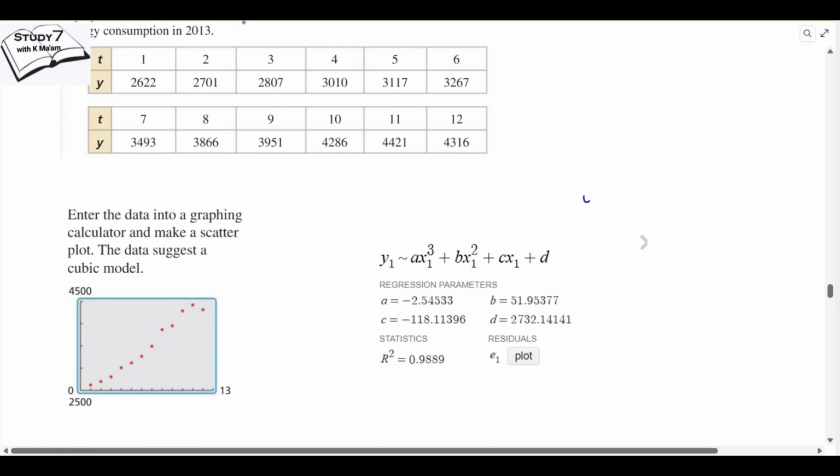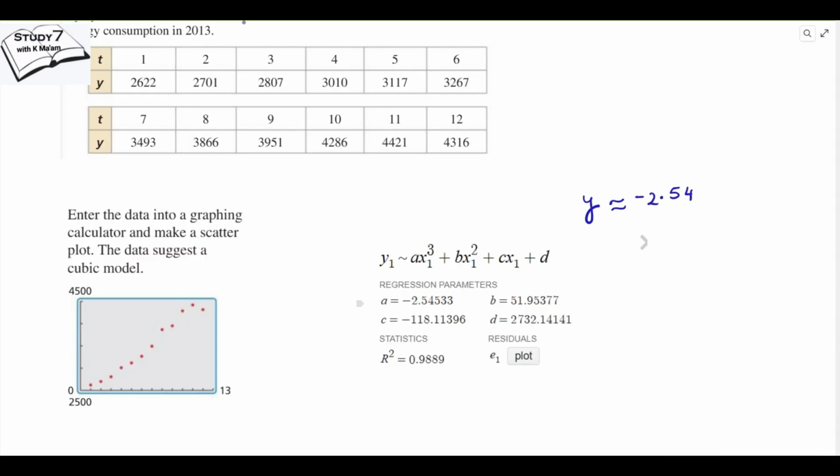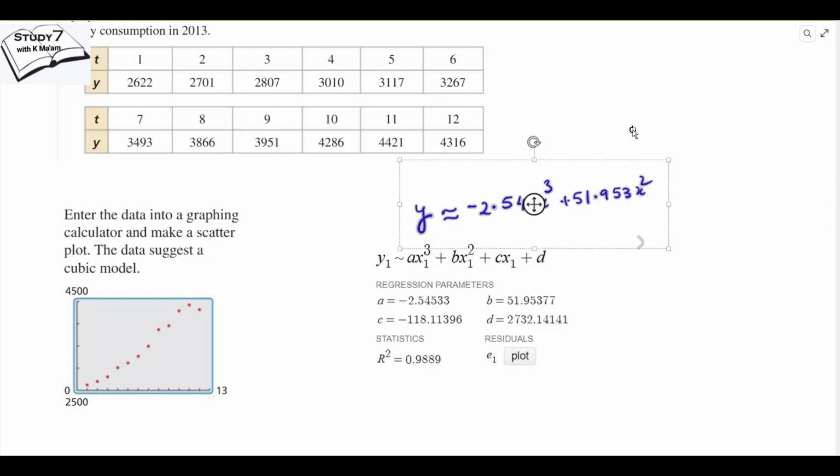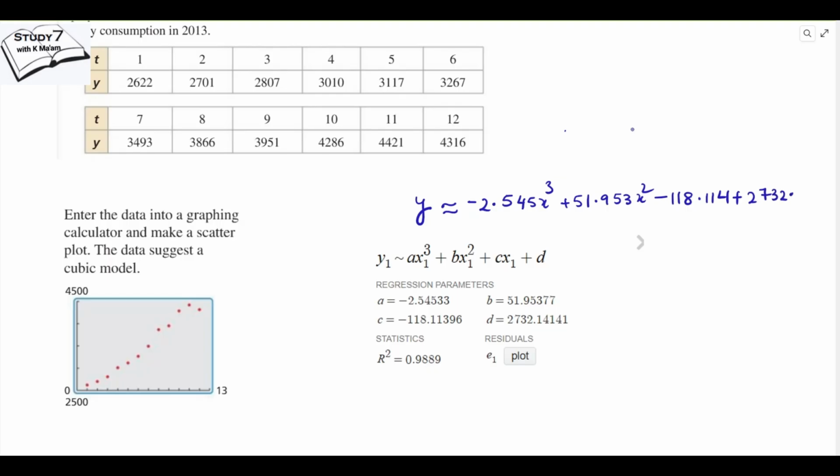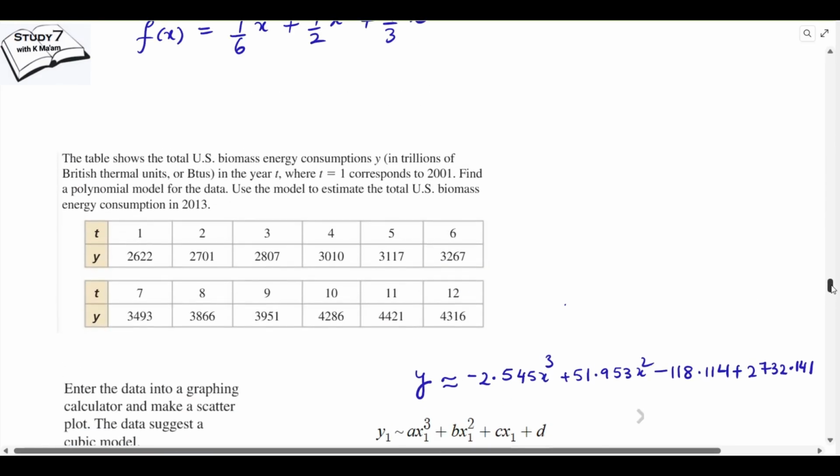The cubic equation is y approximately equals -2.545x cubed plus 51.953x squared. The next term c is -118.114, because I rounded to 3 decimals. And the constant last term is 2732.141.